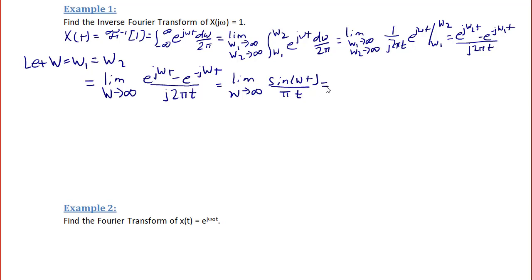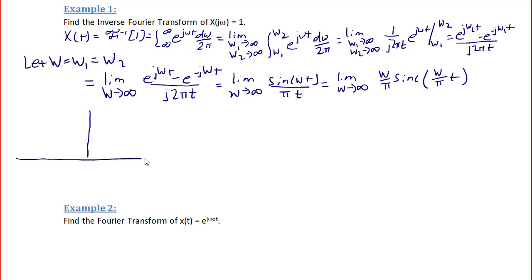And now we're going to write this as a sinc, and we'll have the limit as w goes to infinity of w over pi sinc of w over pi t. So first we're going to sketch the sinc.